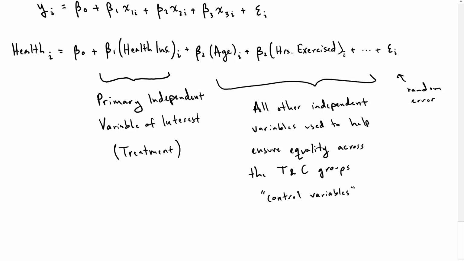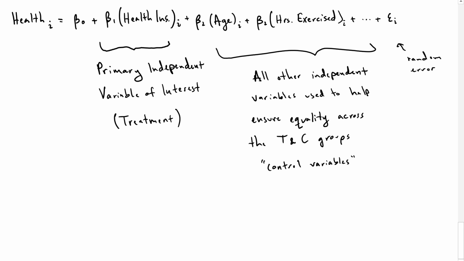They help keep these equal across the treatment and control groups, so that we are controlling for them. Essentially we're going to find groups of people who have the same age and the same hours exercised, but one has health insurance and one doesn't. That's what adding all these control variables does.